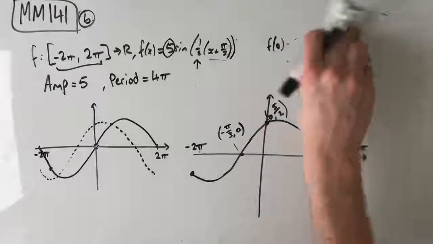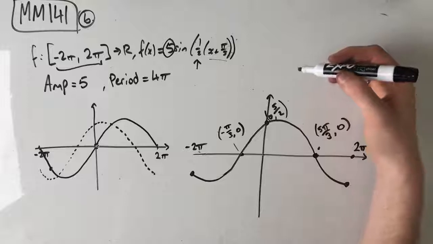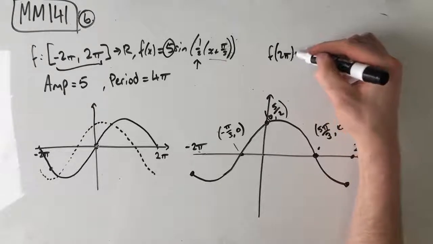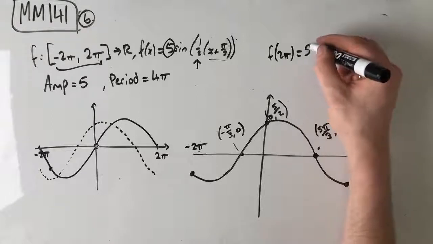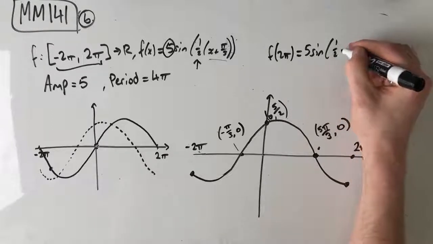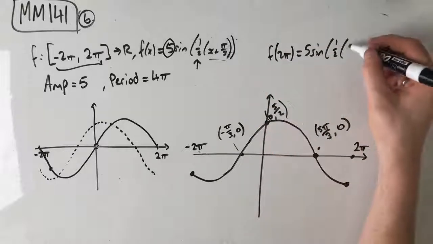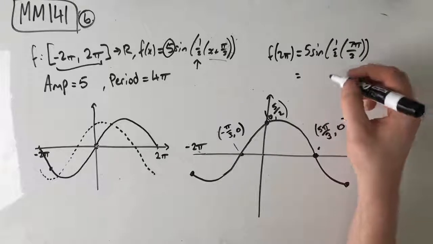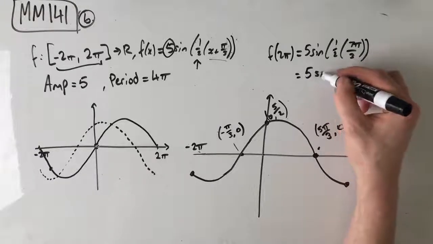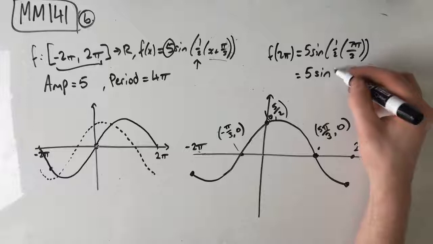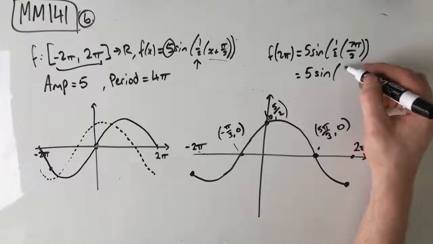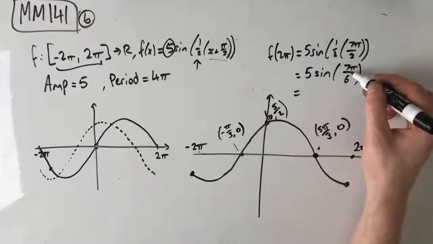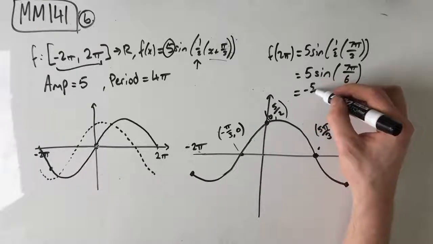Okay, let's just go through the working as well. So we're going to sub in 2 pi for x. So f of 2 pi is equal to 5 times sine of 1/2 times 2 pi plus pi on 3, which is 7 pi on 3, which means we get 5 sine of 7 pi on 6, which is equal to negative 1/2, which gives us negative 5 over 2.